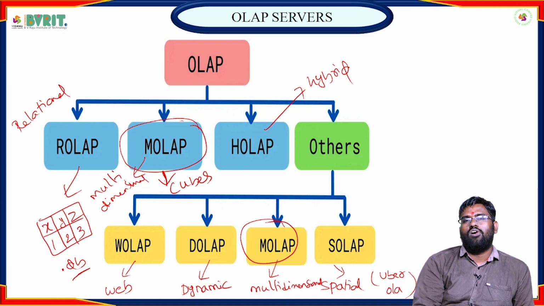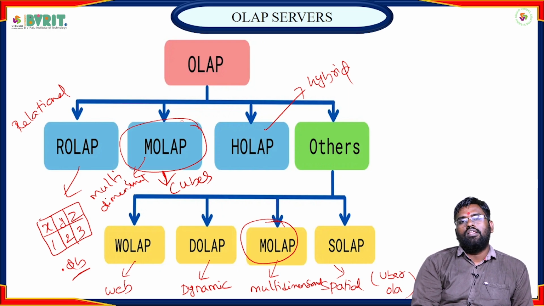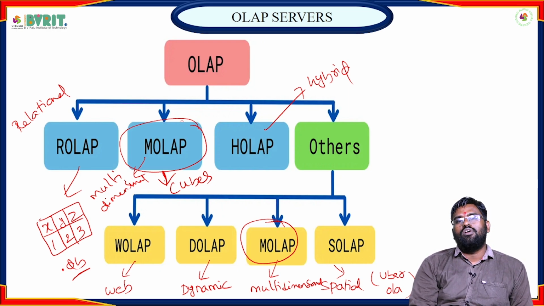And OLAP means online analytical processing. By using these types of servers, we store all the data with the implementation of the data warehouse. So this is about the different types of OLAP servers and how to implement the data warehouse in the given structure. Thank you.